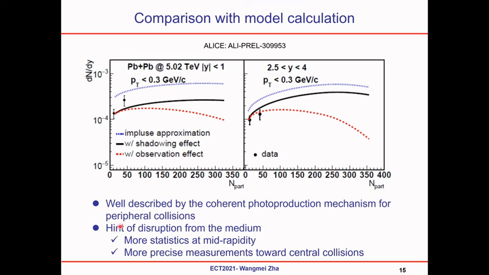We can conclude that we have observed a hint of disruption from the medium, but we still need more statistics, more precise measurements at both mid and forward rapidity. We would also like to see the result towards central collisions, because you can find that for different assumptions, they have a huge difference towards central collisions.